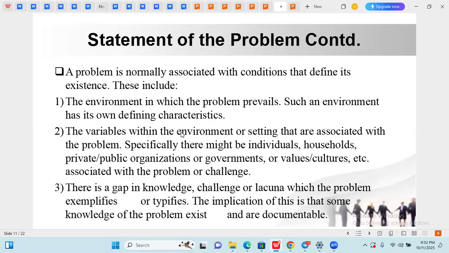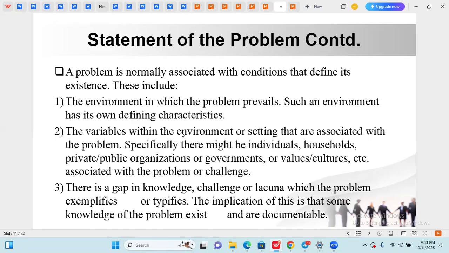Such an environment has its own defining characteristics. Number two, the variables within the environment or setting that are associated with the problem. You understand? You are dealing with the health sector now. That's the environment. The problem can be finance. The problem can be that since COVID-19, X sectors have been losing staff.